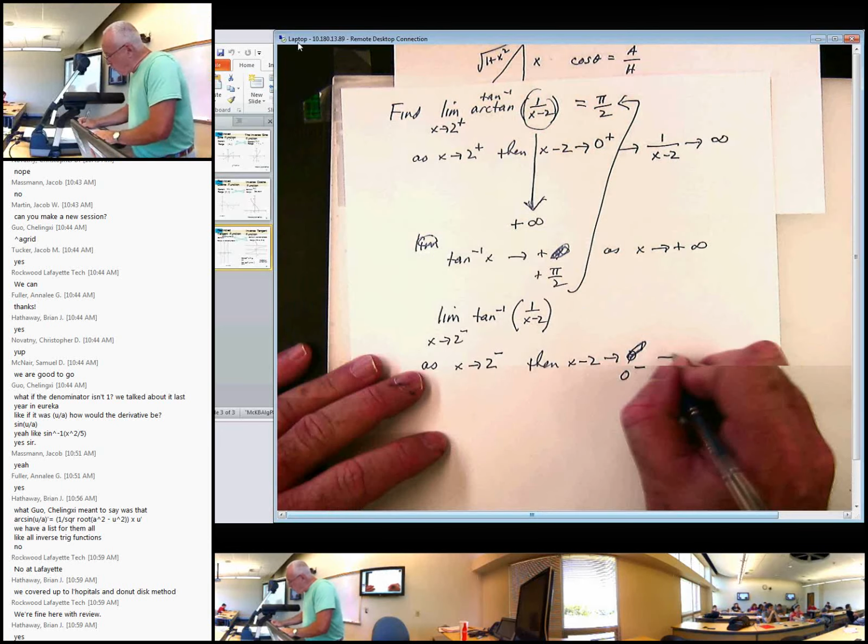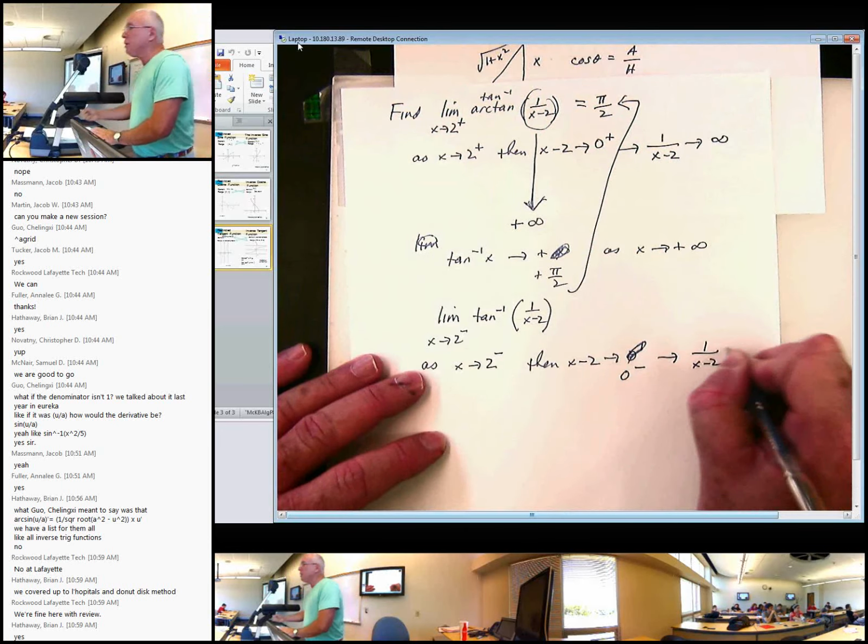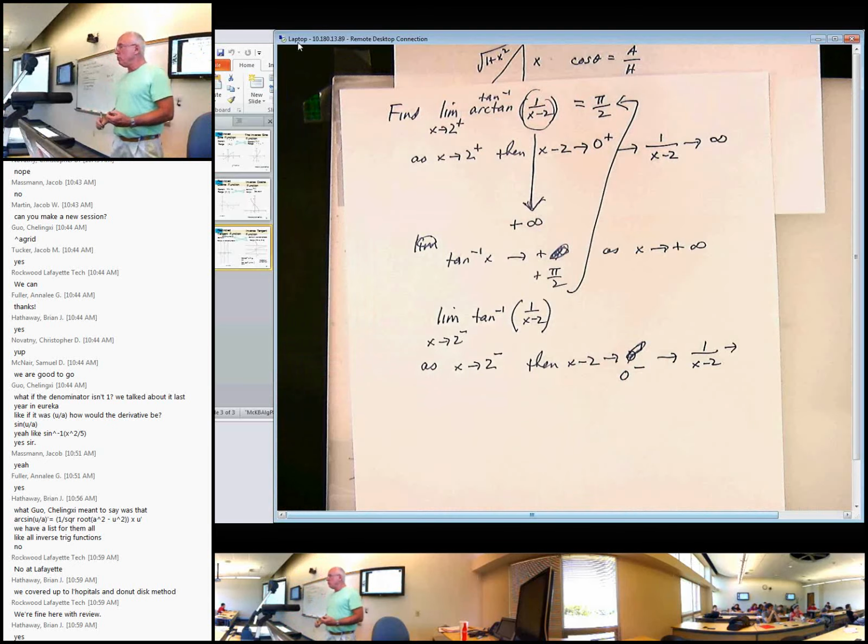Therefore, 1 over x minus 2 is going to be heading towards what value? Now we're going to have smaller and smaller negative numbers in the denominator. What's that going to give us as a limit? No, we divide by smaller and smaller numbers, we get bigger and bigger numbers.